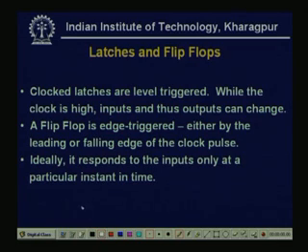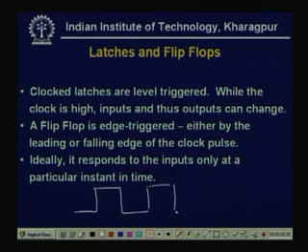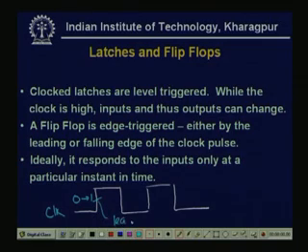Now, I take one clock, so this is one clock pulse. Here, at this edge the clock becomes 0 to 1. This we call the leading edge or positive edge trigger.